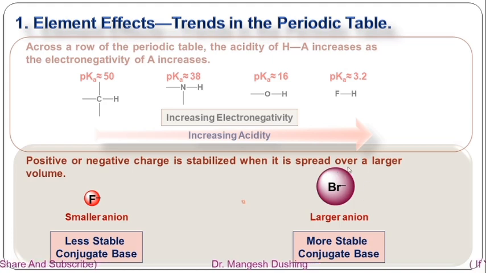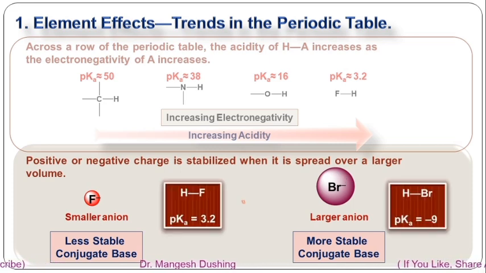So this conjugate base is more stable, which makes HBr a stronger acid than HF. The HF pKa value is around 3.2 while the HBr pKa value is around -9. So HBr is a stronger acid than HF.